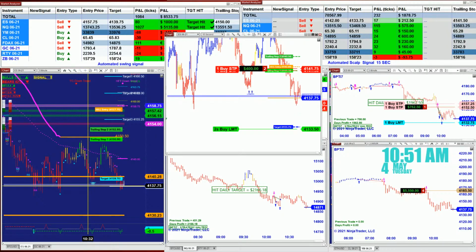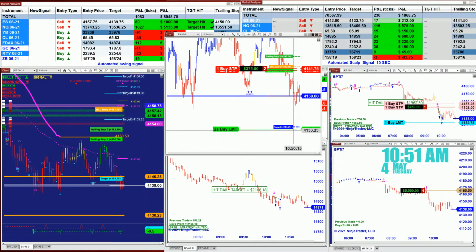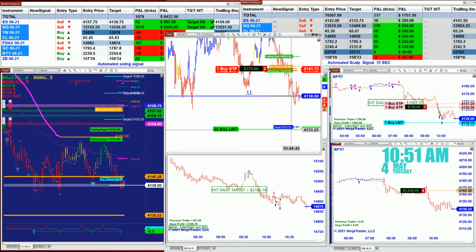If we break the 41.3775, we're going home free to the 41.33. Simple as that. You can walk away with nothing, with $400, or with $700-800. It is the same trade, the same auto trade, the same chart. But now we are educated to know that if we are crossing the 41.38, it's going to do very well.